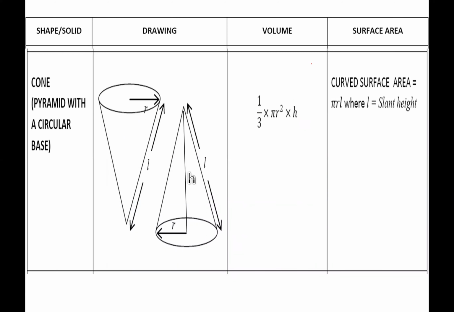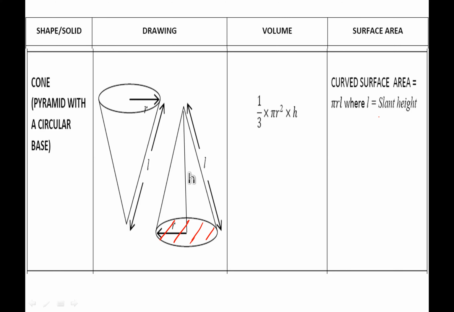This one here is one that we are very accustomed to. It is known as a cone, and it is a pyramid that has a circle as the base, or the regular shape or polygon at the base, okay? And there's something very particular about this that you need to know, which is that the slant height is used in calculating the curved surface area.